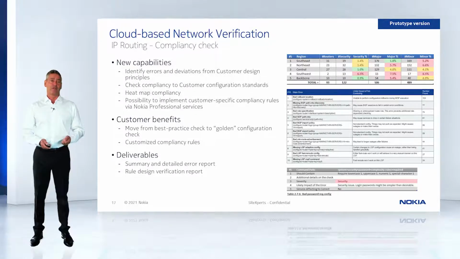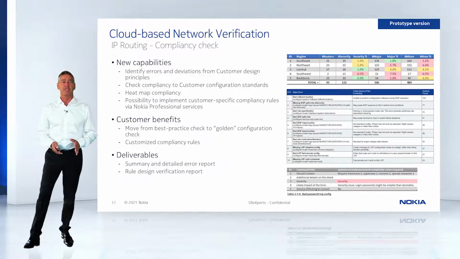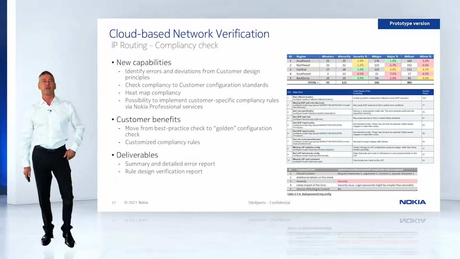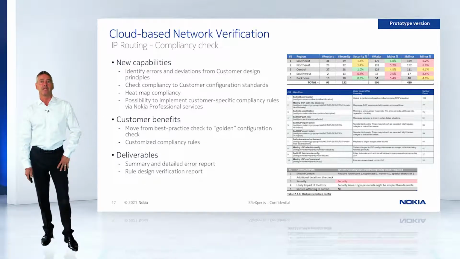So everybody runs a health check, capacity, scalability check will get the same check done on the network. But compliancy check works a bit different. It's a golden config for you only, and it will be your rules. So what we do is we add your rules to the CNV, and when you run this report, it will check to make sure that the configurations have been done in the network as they're supposed to do.